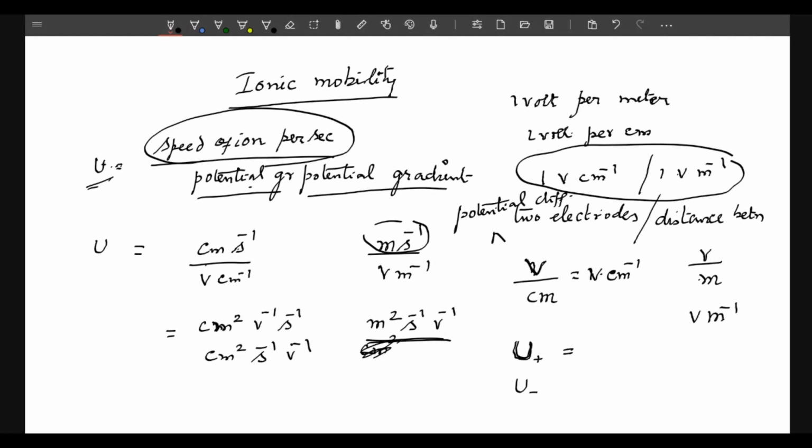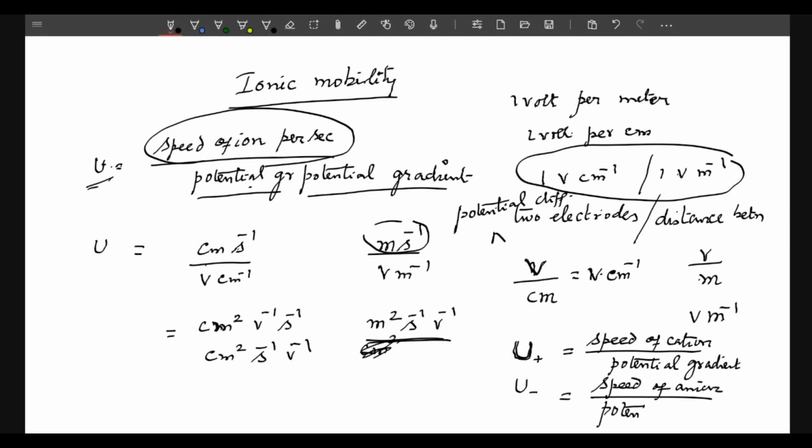U plus is given by the speed of the cation by the potential gradient. And what is the definition for U minus? Speed of the anion by the potential gradient.